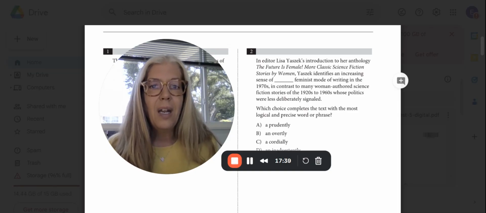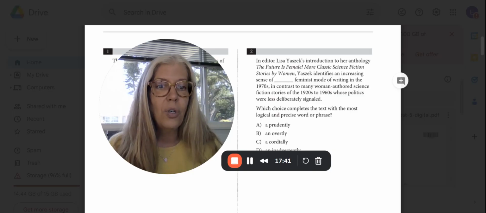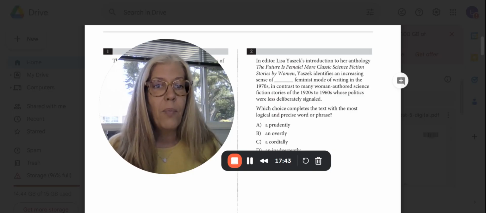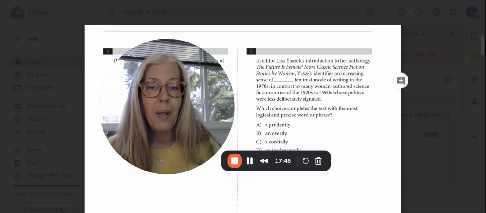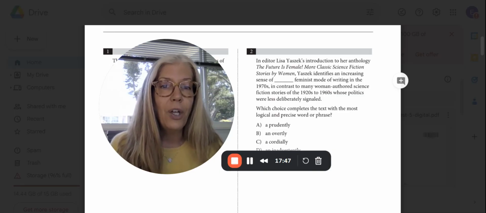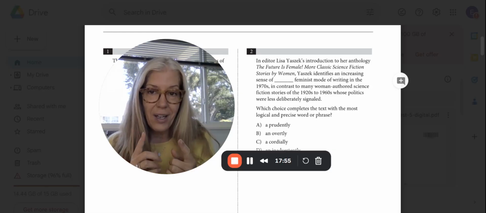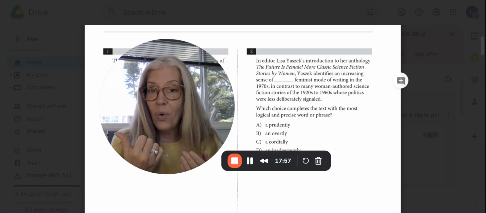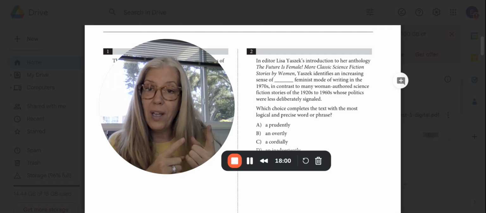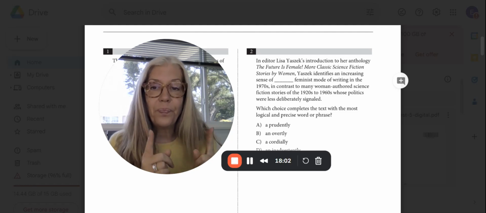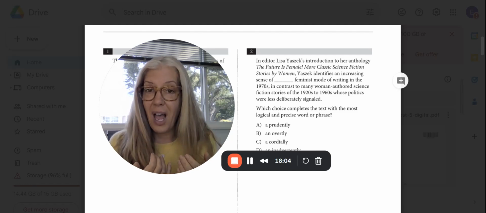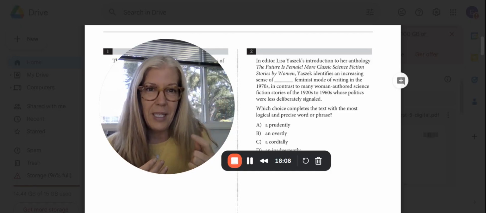So again, in editor Lisa Yaszek's introduction to her anthology, The Future Is Female, More Classic Science Fiction Stories by Women, Yaszek identifies an increasing sense of some sort of feminist mode of writing in the 1970s. In contrast, remember how on number 1 we stole one of their words and put it in the blank space? This "in contrast" is going to help me understand what word I can steal to put in this blank space here.